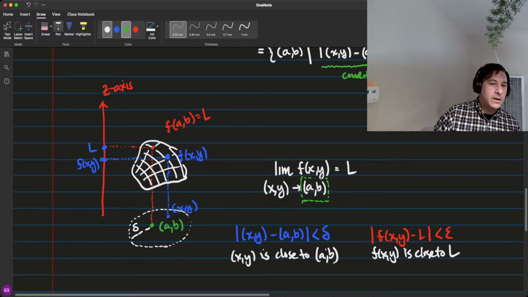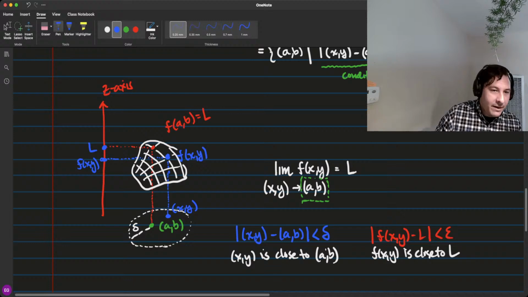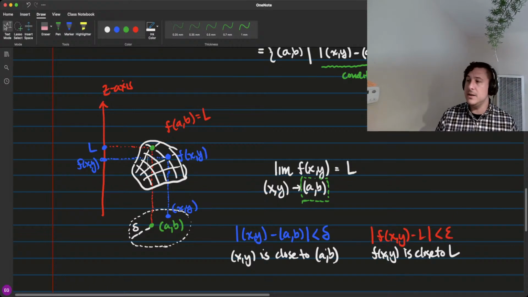And what you're finding out is that if you choose a point xy that's close to AB, then f of xy on the surface is going to end up being very close to the value f of AB, which is L.